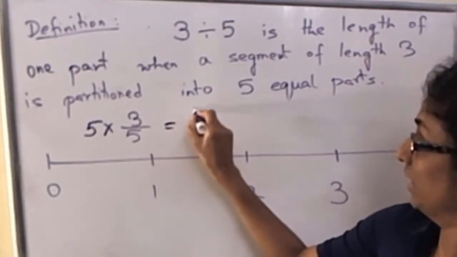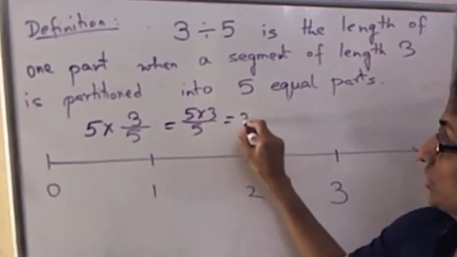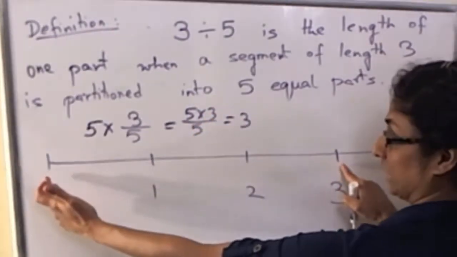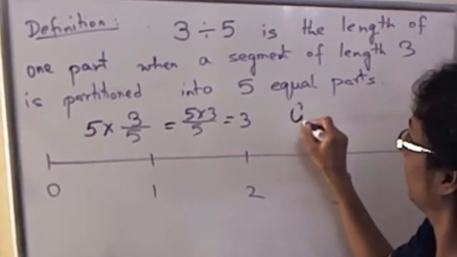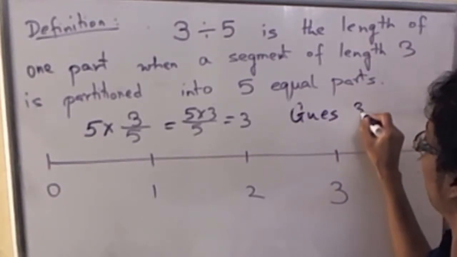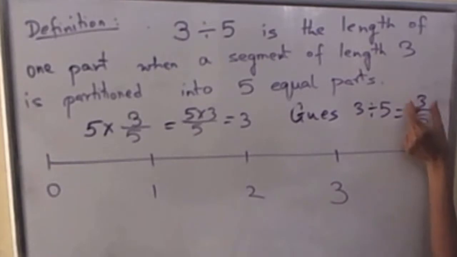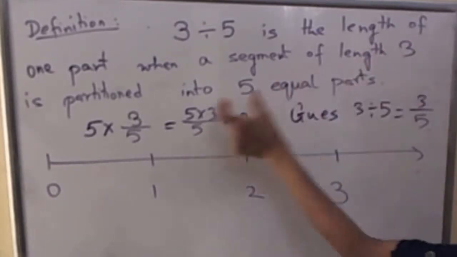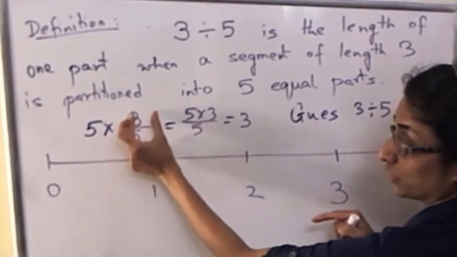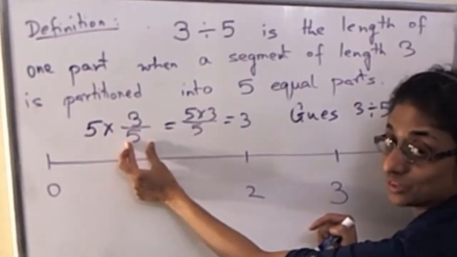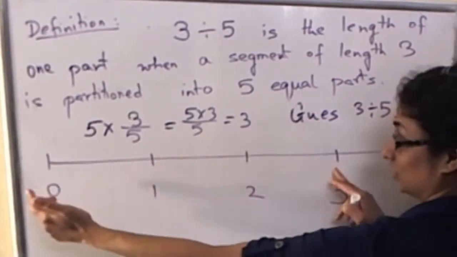And by another video, that is 3. So we do get back this total length. So you might be guessing that 3 divided by 5 must be 3/5. In other words, 3/5 must be the length of one such part, because if you put 5 of those pieces of length 3/5, you are getting a long piece whose length is 3.